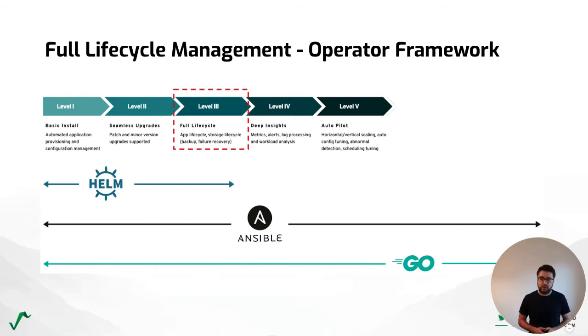And below we have 3 different technologies to implement an operator. Helm, super simple. I would say it's good enough for a basic install, maybe seamless upgrades, but definitely not full lifecycle management. Ansible is more like a configuration management tool. And then finally, Golang is an actual programming language.